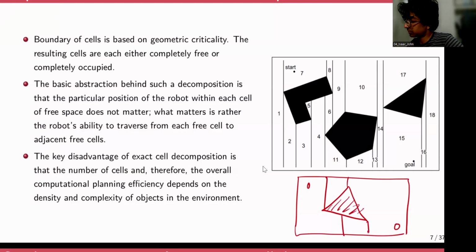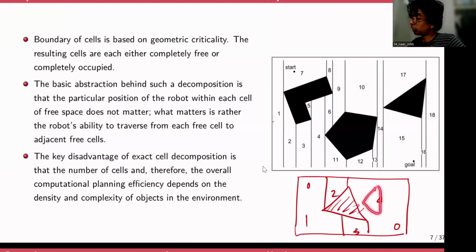discretization like this, right? Maybe you have one, two, three, four cells. So again, this is actually very sparse. It may not give you the right amount of accuracy or resolution that you wish, right?